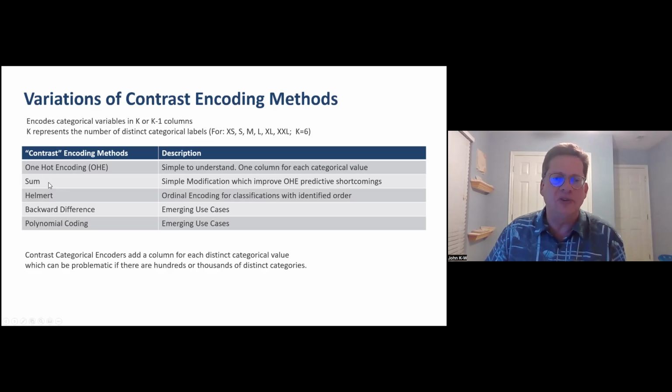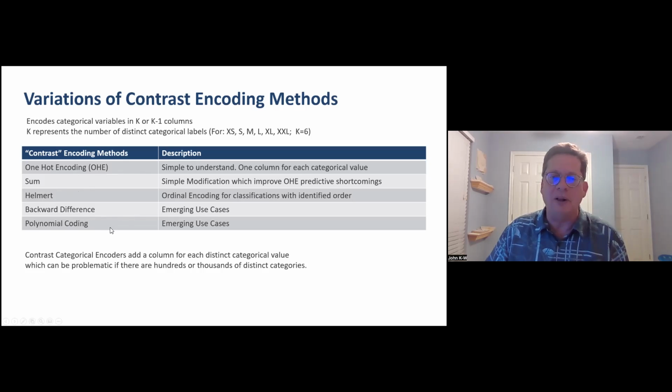In some of these, the sum modification is fairly easy to interpret. That last column is simply represented by -1 values for the final column rather than all zeros. And then these other ones start getting a little more complex to understand.